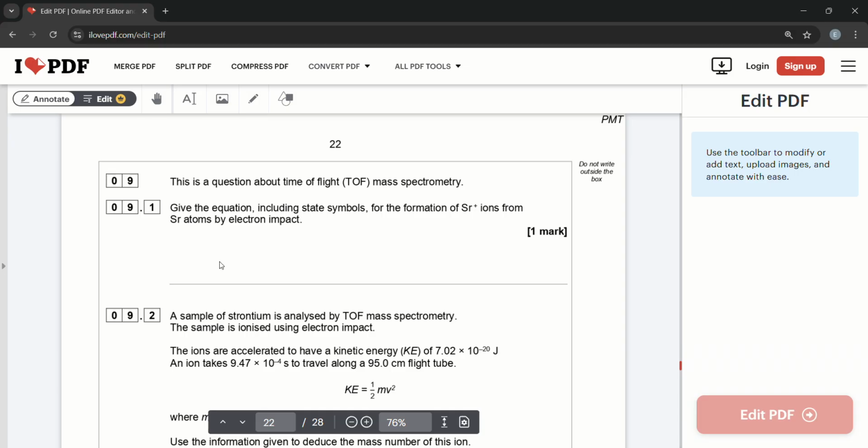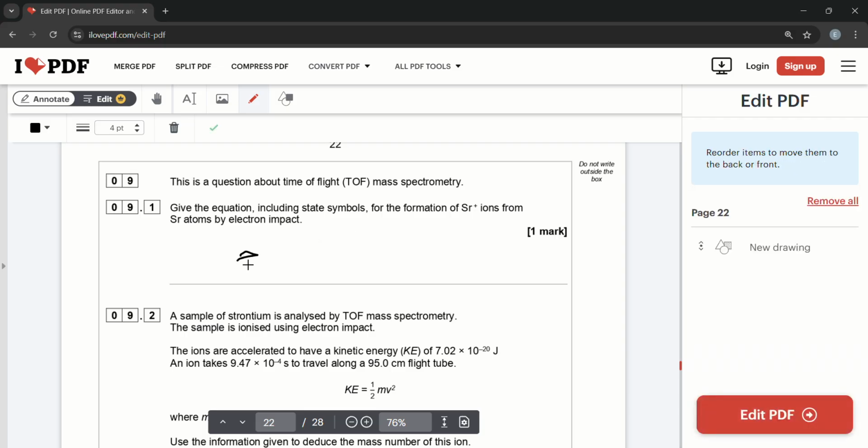Question 9. This question is about time of flight, TOF, mass spectrometry. Give the equation using state symbols for the formation of Sr+ ions from Sr atoms by electron impact ionization. So it's going to be Sr(g) → Sr+(g) + e−.